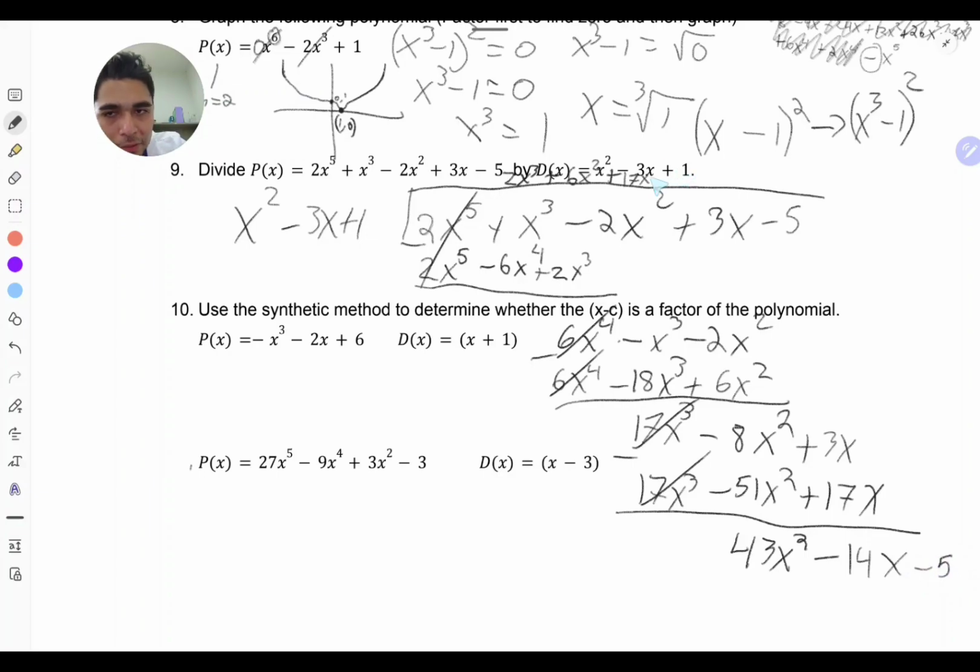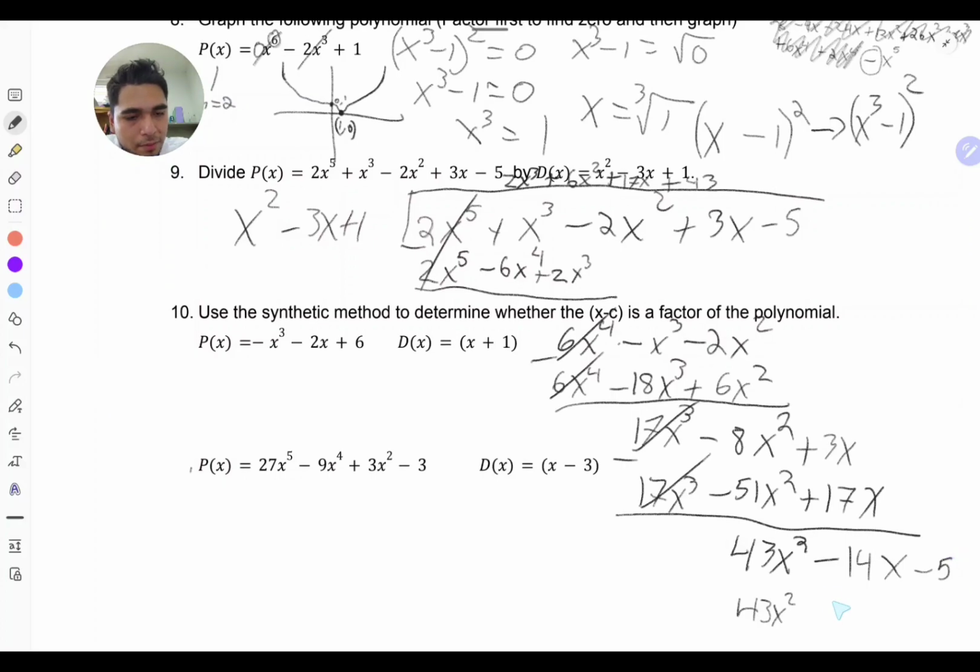Now last step, of course, to get this, we have to just add 43. Okay, so 43 times x squared is the same thing as 43x squared. 43 times negative 3x, so 43 times 3 is just equal to 129, so negative 129x. And 43 times 1 is just positive 43.